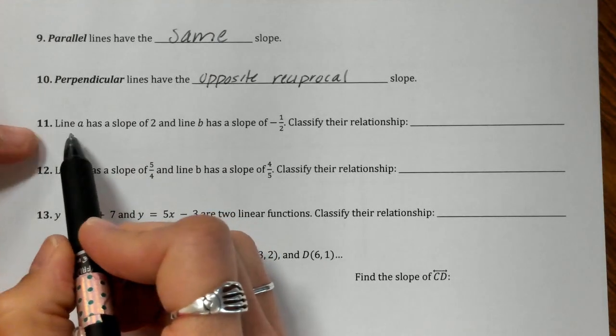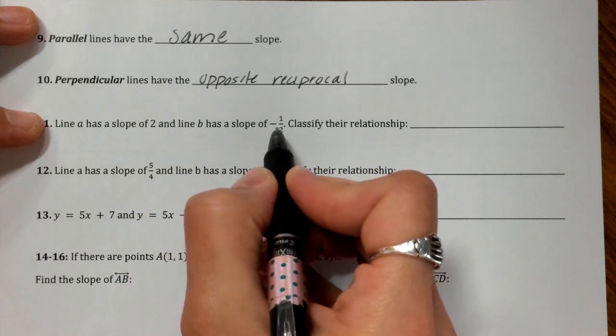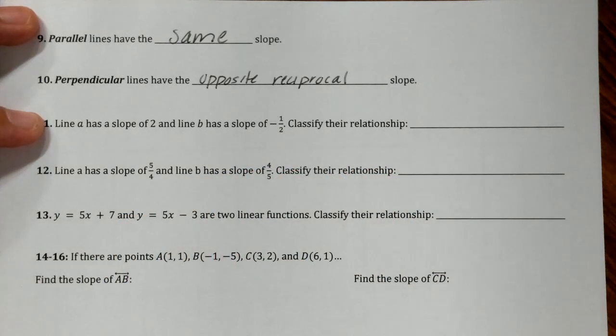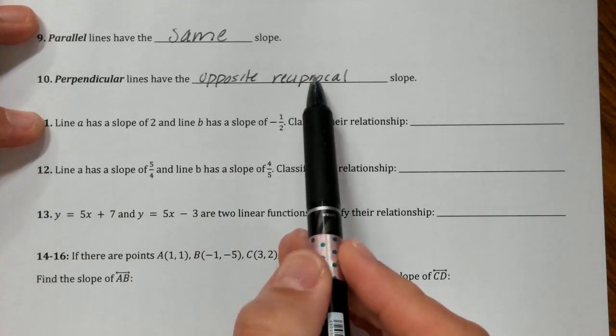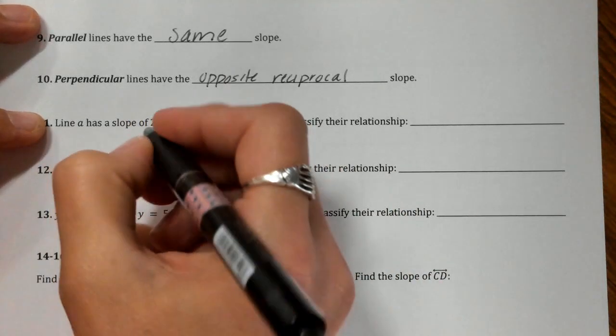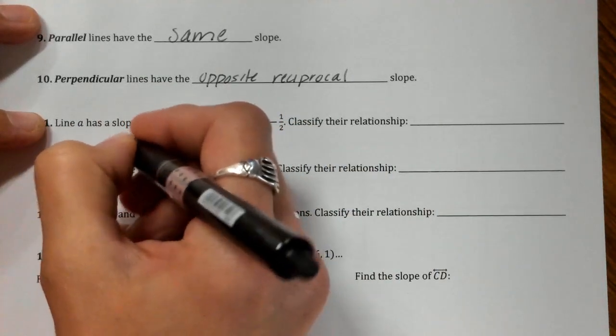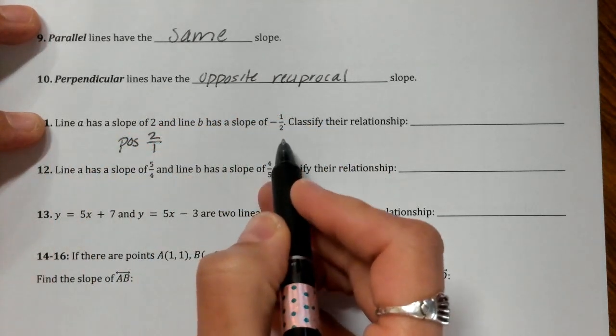So let's take a look here. We have line A has a slope of 2, and line B has a slope of negative 1/2. So we want to classify, are they parallel, perpendicular, or are they neither one? If they aren't the same and they don't meet both opposite and reciprocal, then we have a neither. So line A, we have a positive 2 over 1 if we change it into a fraction.